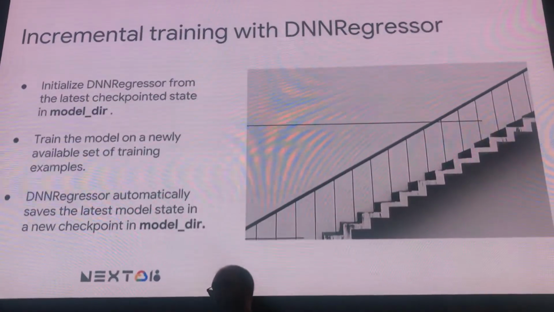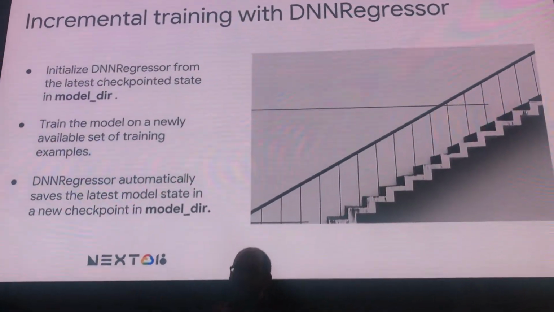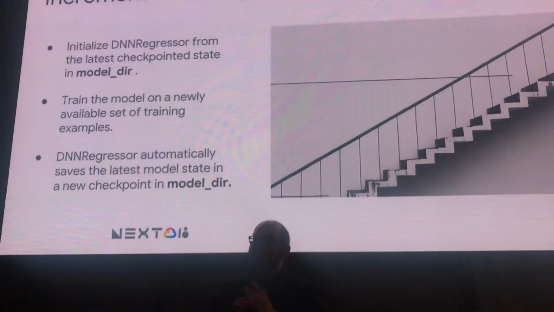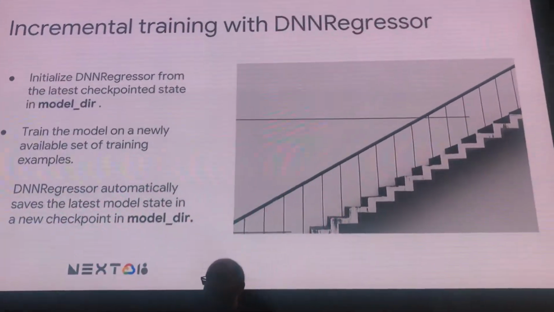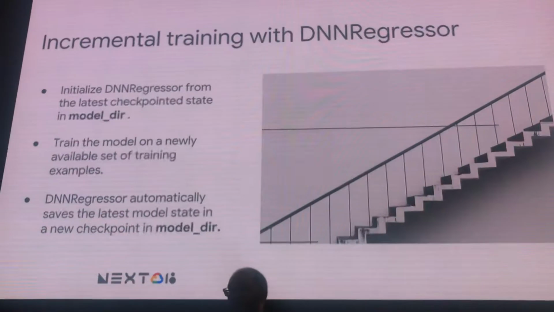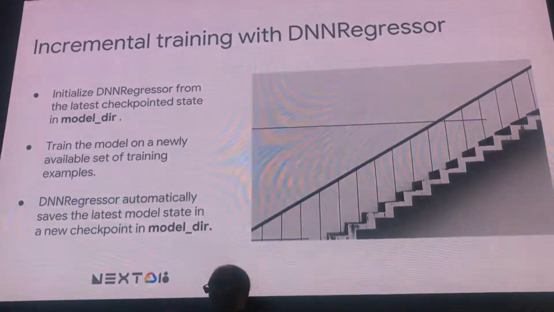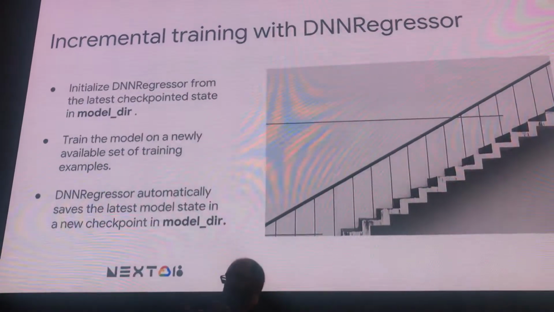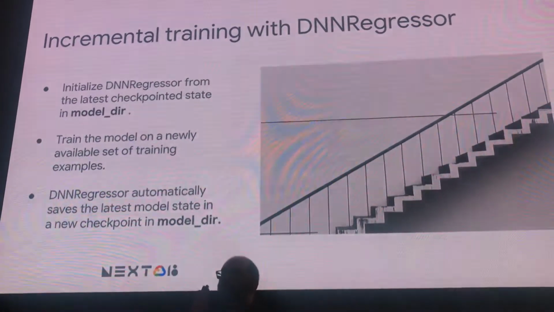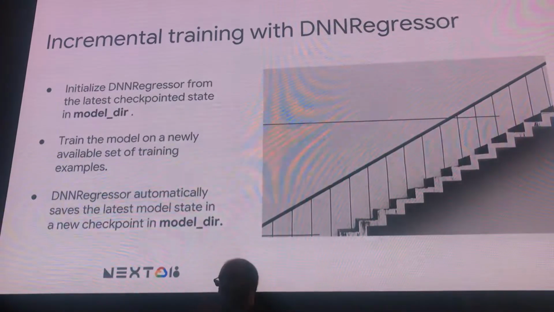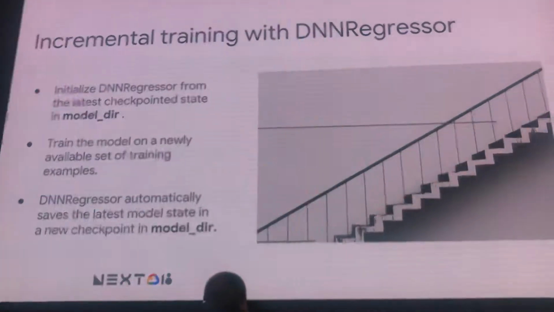You initialize a regressor from the latest checkpoint, then you train the model on newly available data, for example, a newly available data set, and your checkpoints will be automatically saved in the model directory. It will create new checkpoints with files under new file names, and will automatically garbage collect old checkpoints.